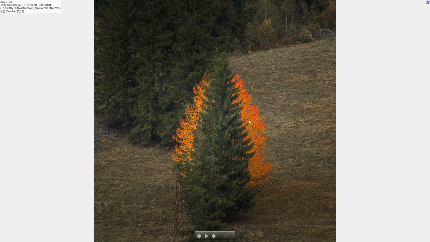I really liked how this tree looked with the orange and red leaves of autumn, and this pine tree that was sitting in front of it in a way made the composition more interesting. It looks like an aura of this pine tree.